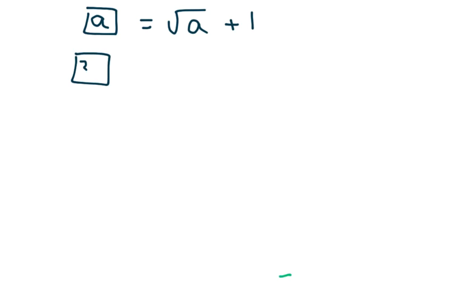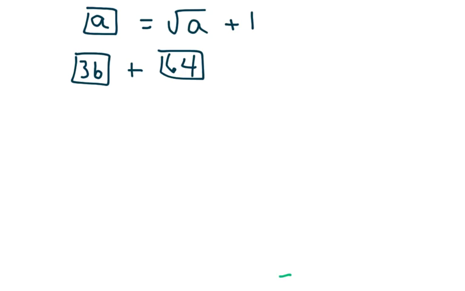Okay? Now let's try some more. Let's try for all non-negative numbers. I'm going to say let a, do it this way, equal square root of a plus 1. So I want to know what the sum of 36 plus 64 is.